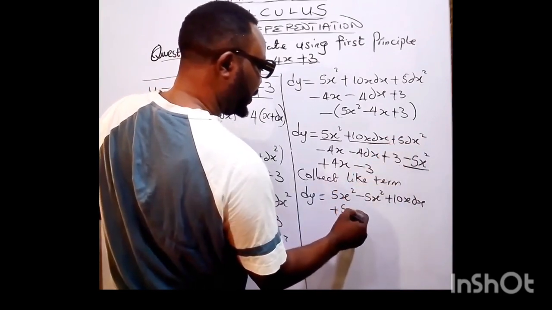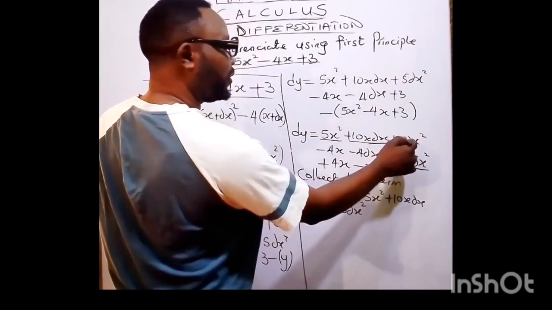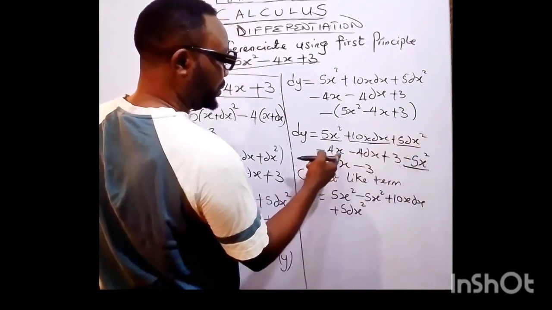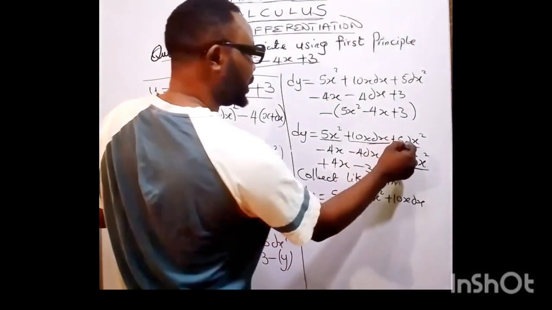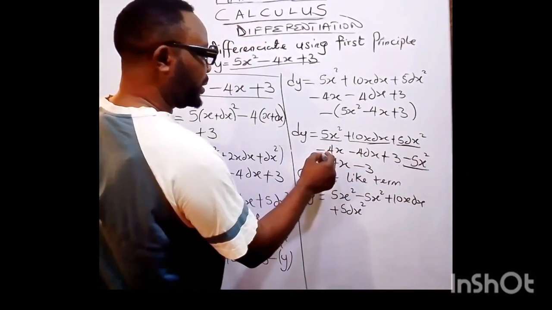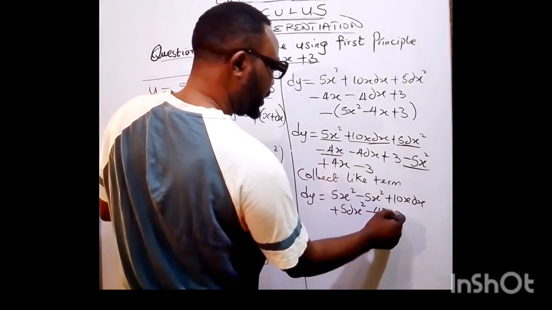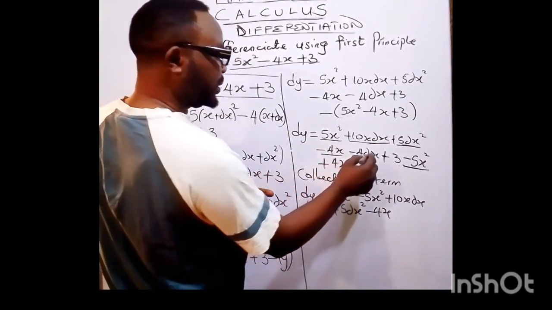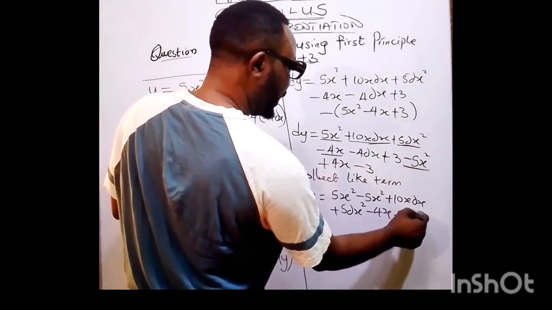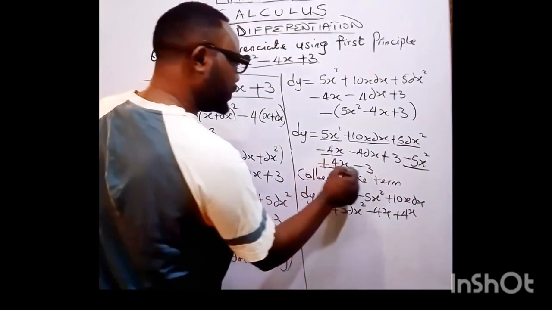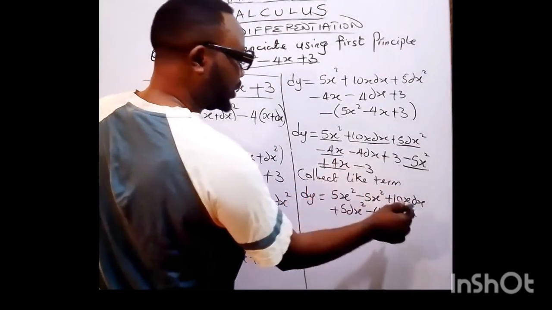So what is the next one? Plus 5dx squared. Do you have any other dx squared value there? If you look at it, no other dx squared value. So that one has already gone. Then minus 4x. Do you have any other x value there? This is the x. This is also plus 4x. Good. Remove this as well. Minus 4dx.